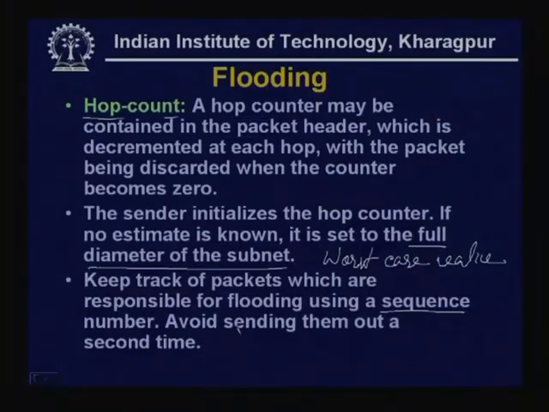So, we avoid sending that packet a second time whenever it comes to a node. The first time it is forwarded, that sequence number information is monitored, and whenever it comes again, it is not forwarded. So, this is another important technique that can be used to reduce the number of packets whenever you are using flooding.